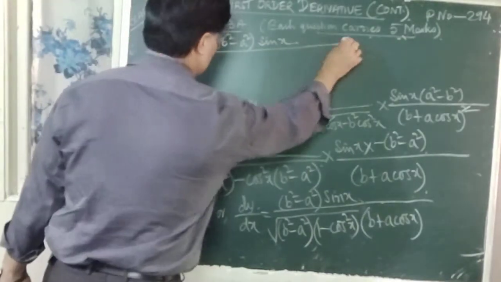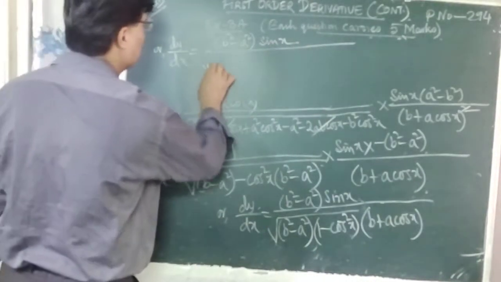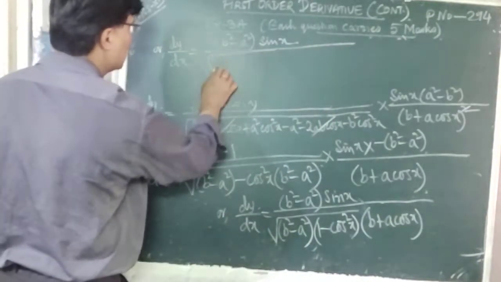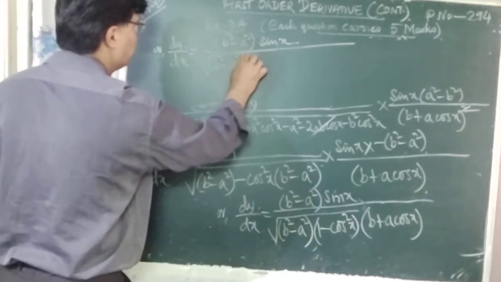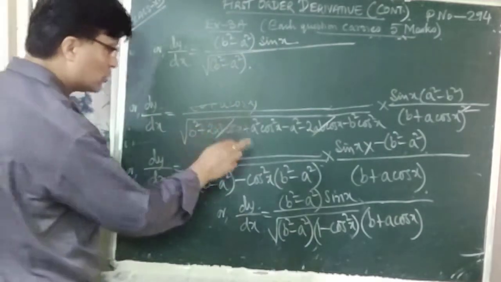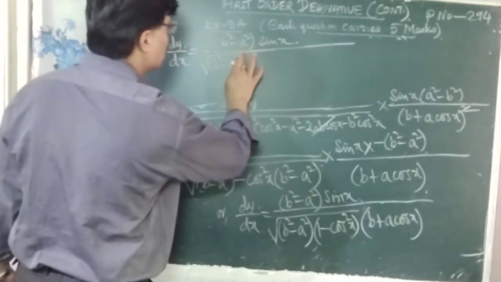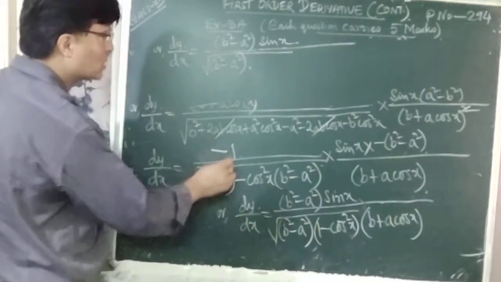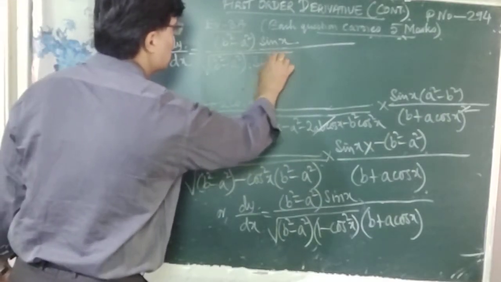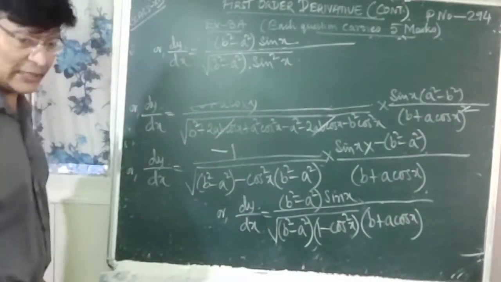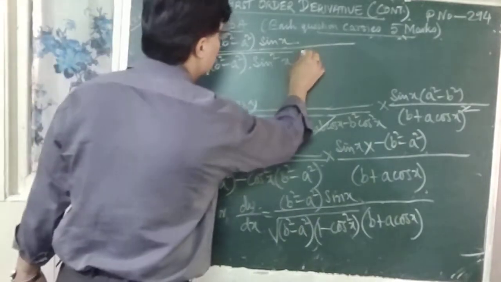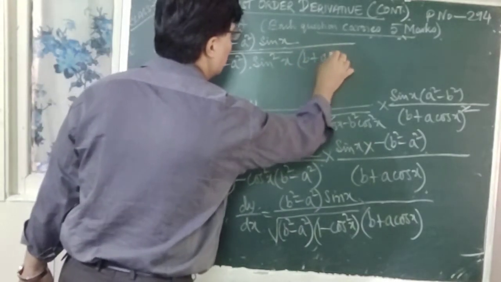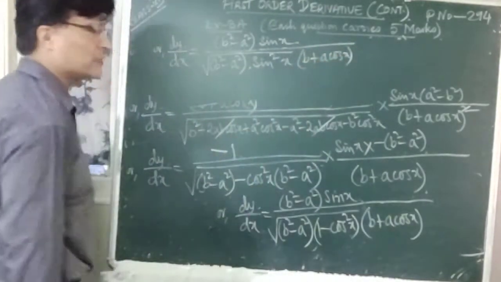So divided by, in the denominator within square root there is b square minus a square into, again, what is 1 minus cos square x? It is sin square x into, now within bracket there is a factor b plus a cos x.